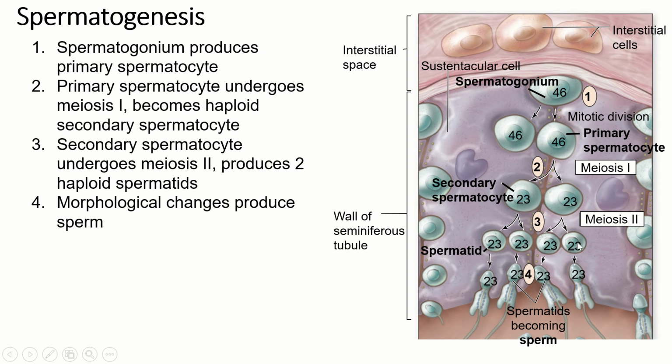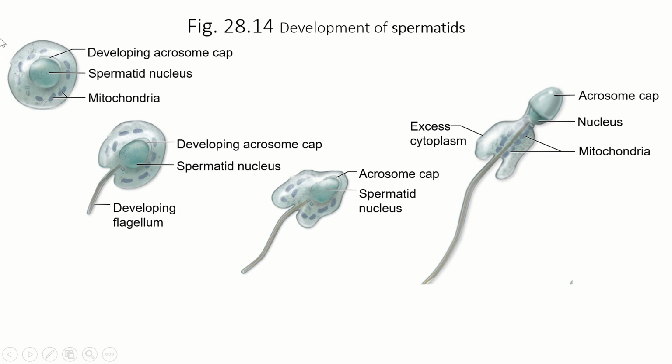As the spermatids start to be released into the lumen of the tubule, they make morphological changes. Morpho just means shape. So morphological changes are just changes in their shape, and they start to take on the shape of sperm. So they start out as these normal round cells with a big nucleus, an acrosome cap, which is full of enzymes.